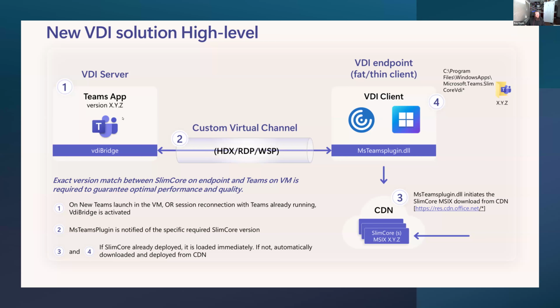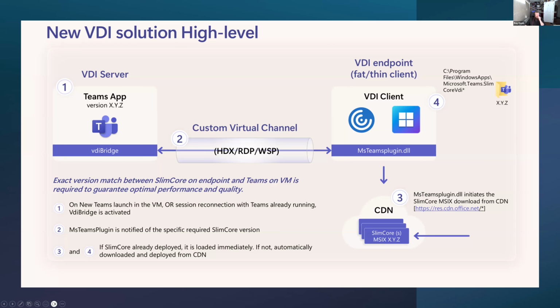Essentially, you have your endpoint and you have your VDI, and the VDI bridge engages the DLL, which engages the VDI bridge, and then it goes out and contacts the CDN and pulls down some core MSIX pieces that it needs on the client. It's a high-level representation of what it does on the client.